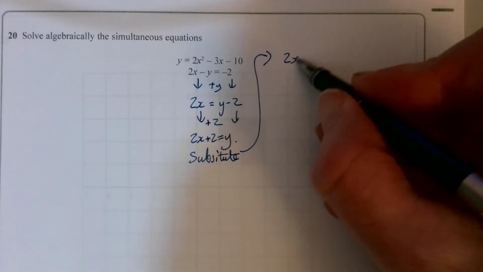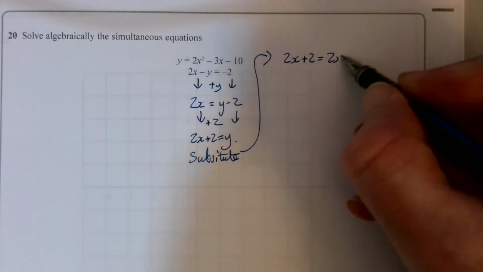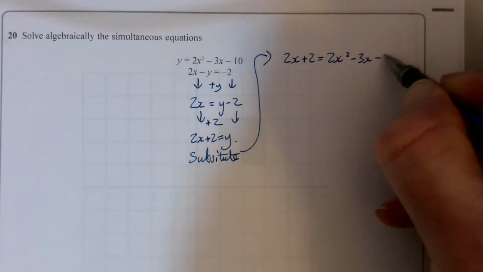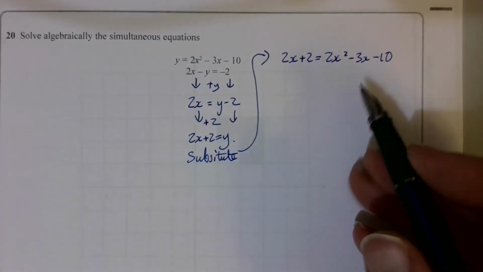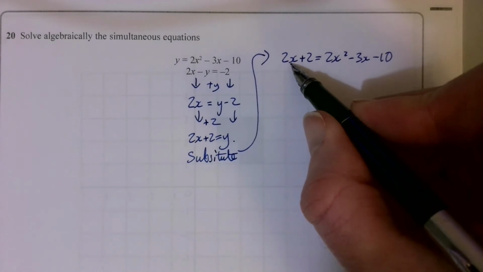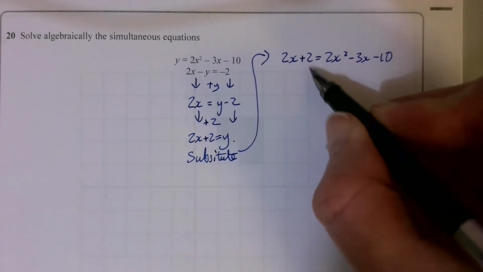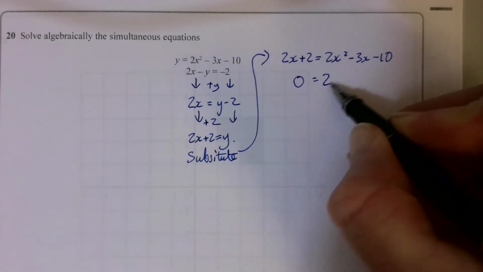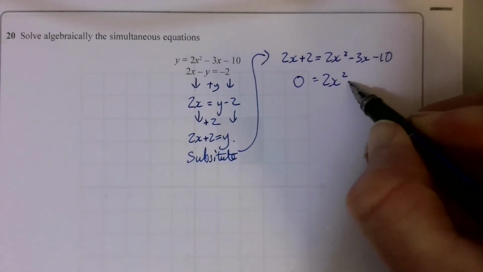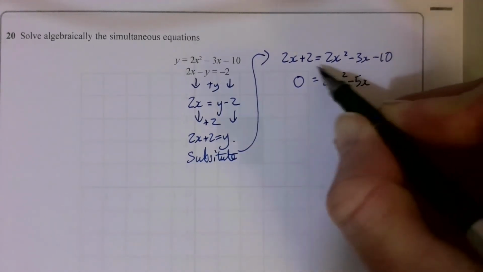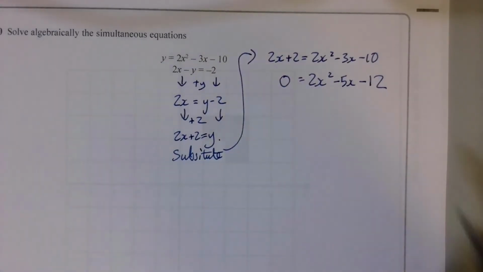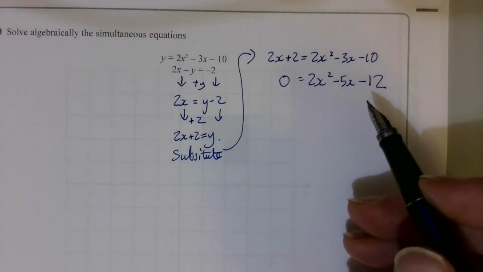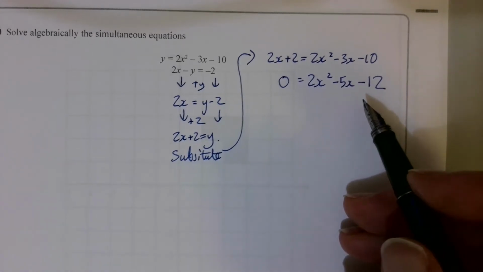I can now say 2x plus 2 equals 2x squared, take 3x, take 10. And you solve any quadratic by making it equal 0 first of all. So I'm going to take 2x from both sides, and I'm going to take 2 from both sides. 2x away from negative 3x is negative 5x. 2 from negative 10 is negative 12. And then we need to factorise that.